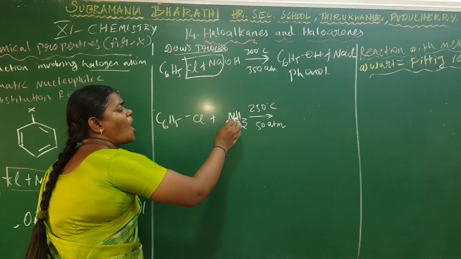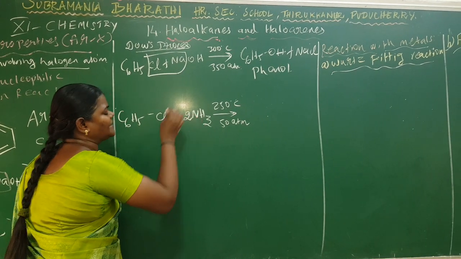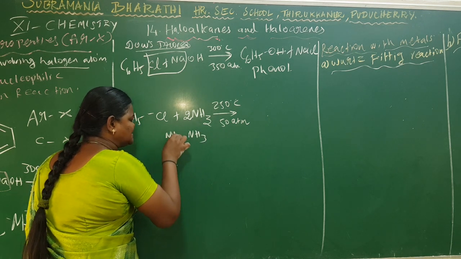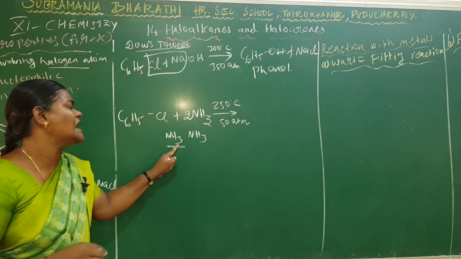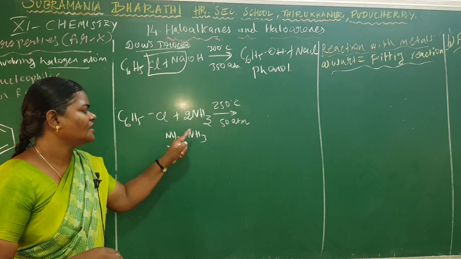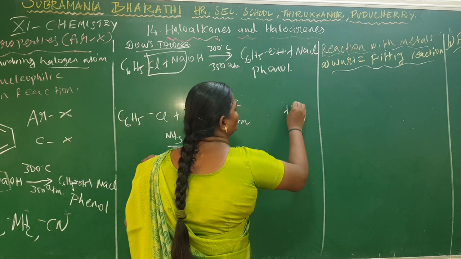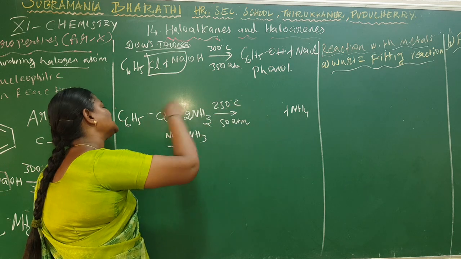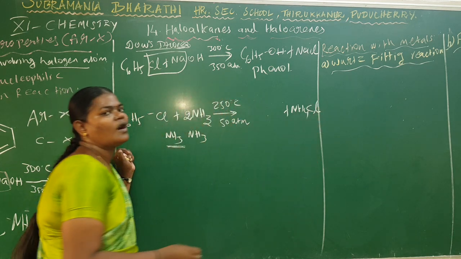Listen carefully: I am taking 2 moles of ammonia, NH3. One NH3 attaches to form NH4 with a positive charge, and this positive charge combines with chlorine to form ammonium chloride.